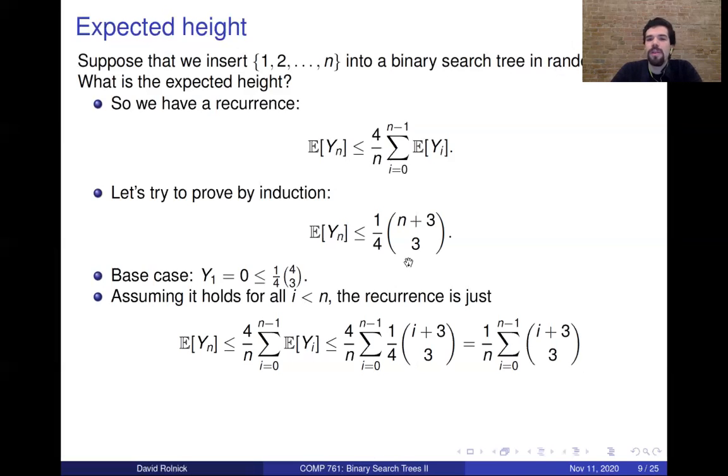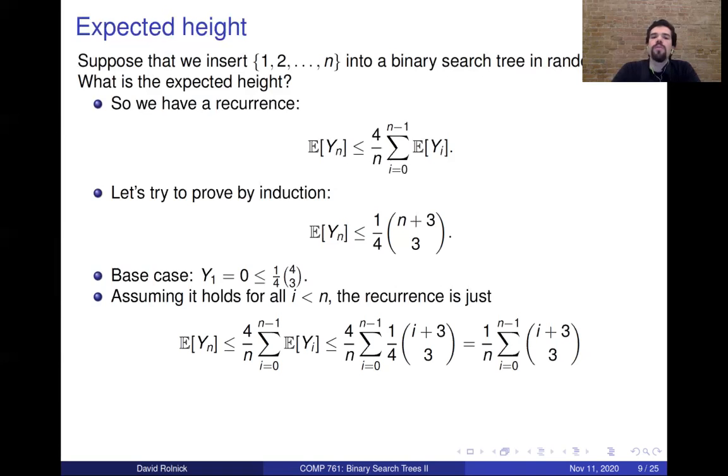And then assuming that it's true for everything below n, we can just write those bounds in and say this is less than or equal to plugging the bound in, and then just rearranging.